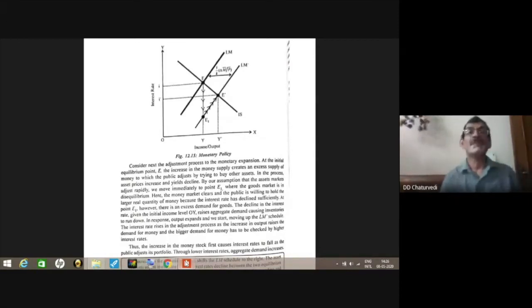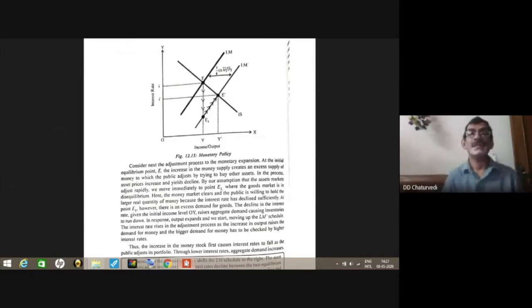That means when the LM curve shifts to the right, how much is going to be the shift in the equilibrium level of income depends upon whether this LM curve is vertical or horizontal. That means whether this curve is steeper or flatter.